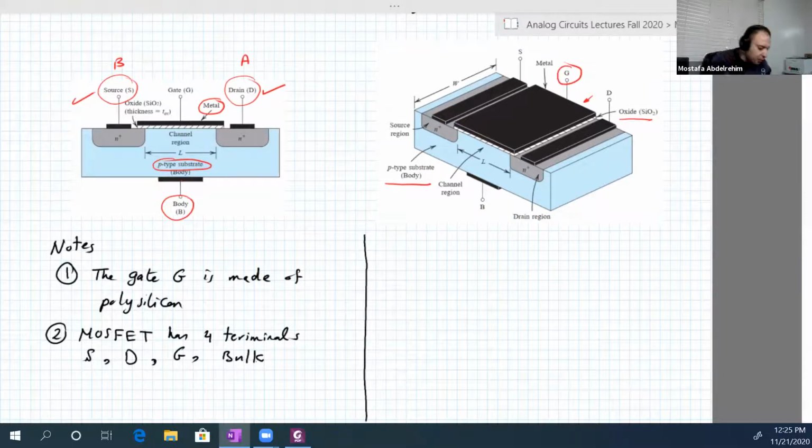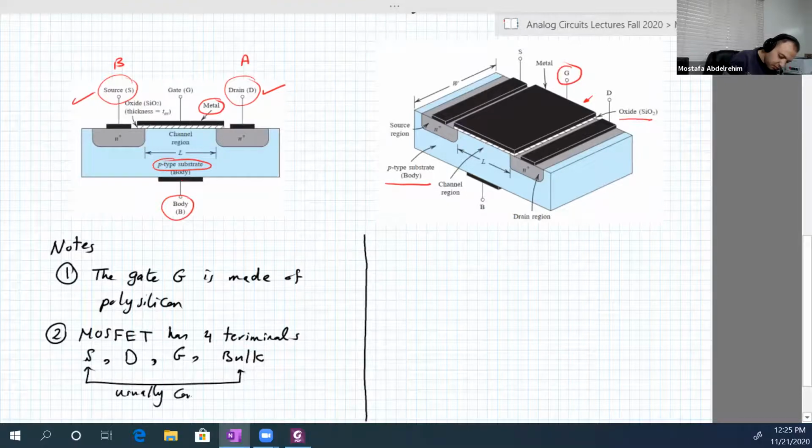But most of the time, we just connect the bulk to the source, usually connected, and then we just use drain, source, and gate, and that's it.